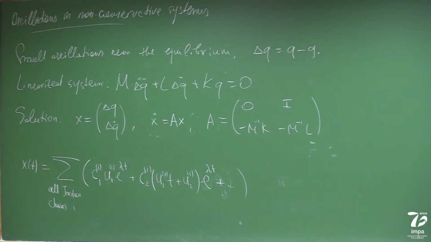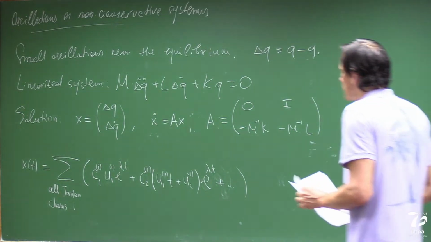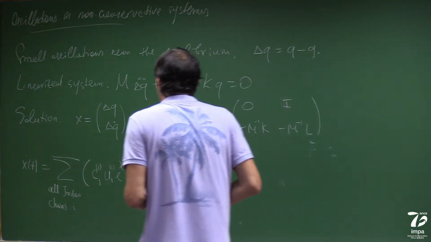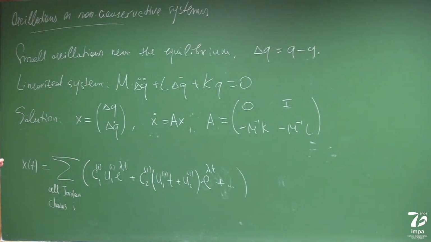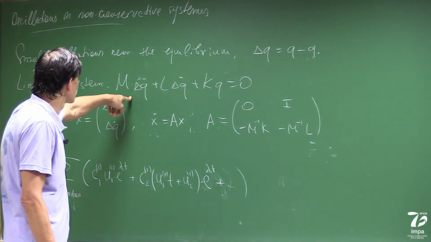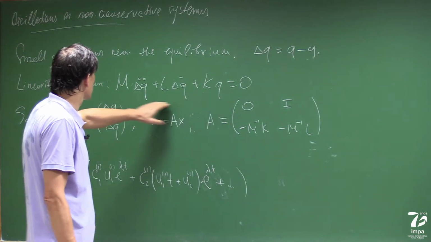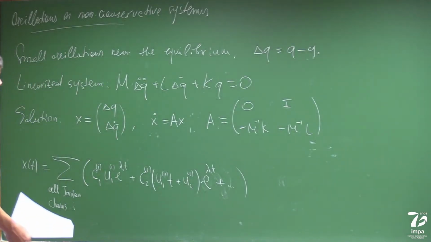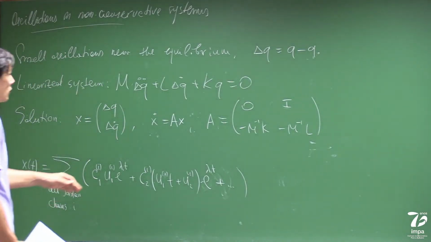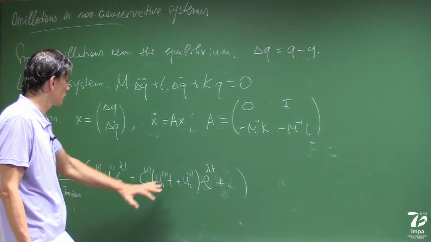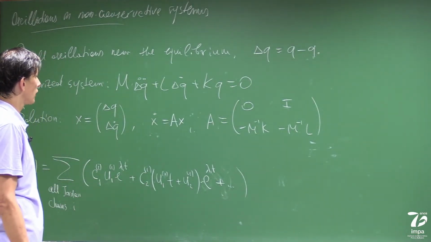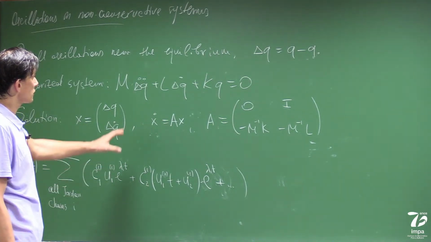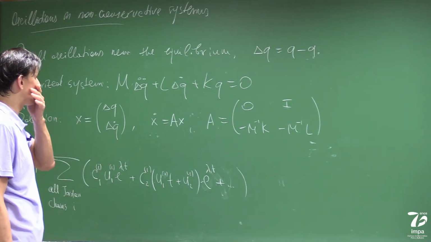So before analyzing the properties, let's see what we gain. We had the equation of motion in this kind of Lagrangian form of second order equation, and we can reduce it to the first order standard form, and then we just use the standard analysis from linear algebra.